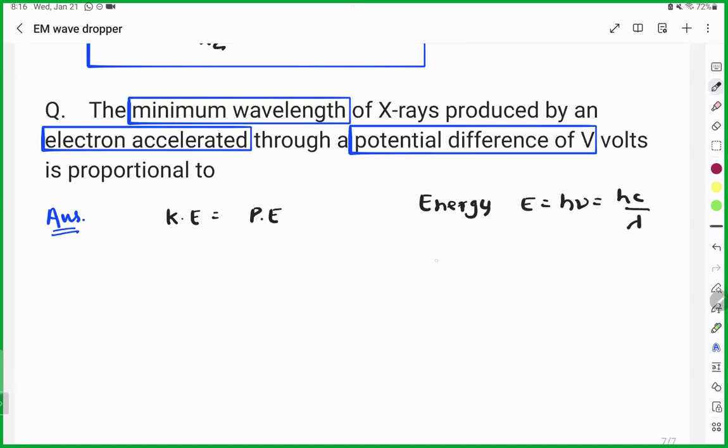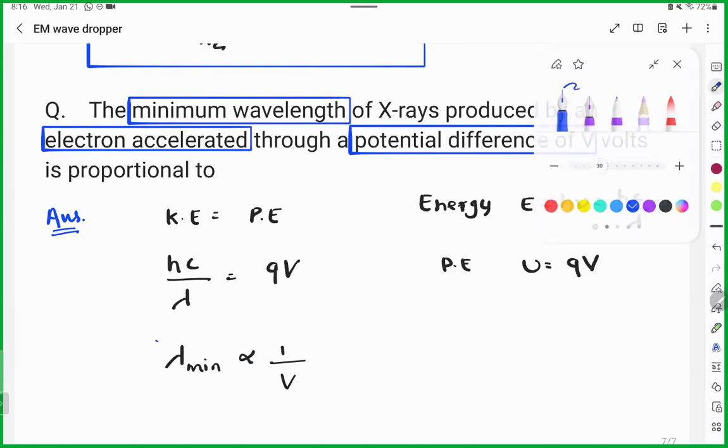And the electrostatic potential energy, U is equal to charge into potential, and when it stops for a fraction of a second, then both will be equal. Hc by lambda will be equal to q into v. So you can say h is constant, c is constant, electron charge is constant. That's why this minimum wavelength will be directly proportional to 1 by v.